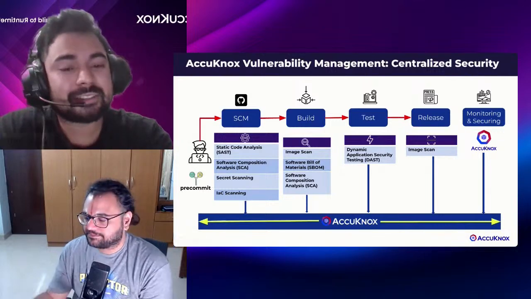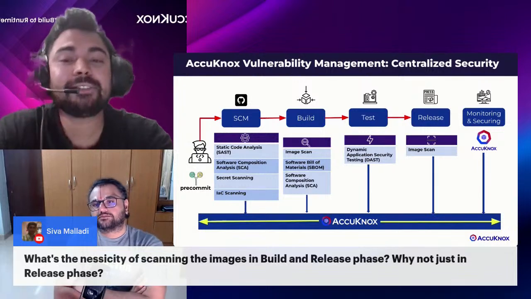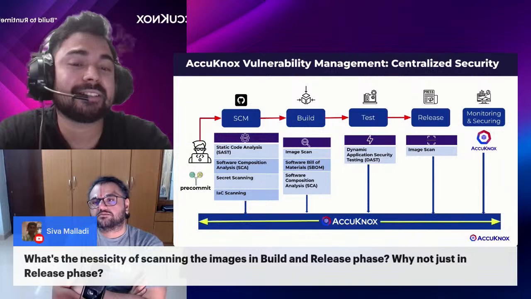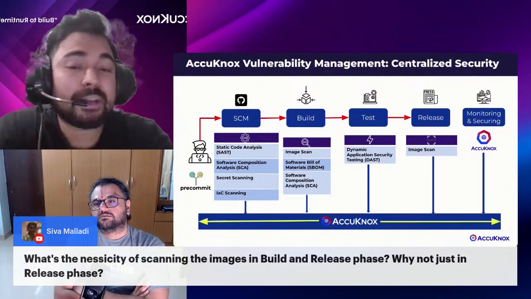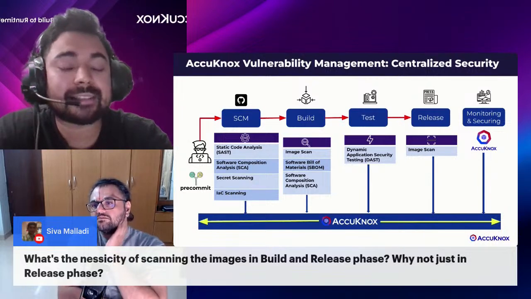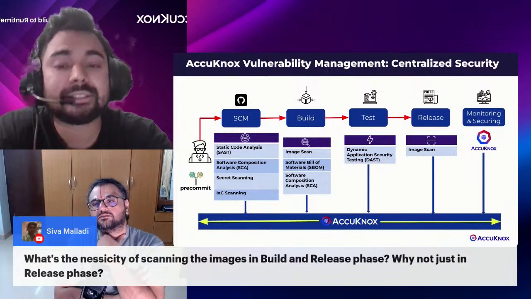Yes, so it's not exactly about duplicating things. Software composition analysis also comes up multiple times, in the SCM as well as in the build. The reason we do this is that if you look at the source code in SCA, you will get findings which are not transitive.